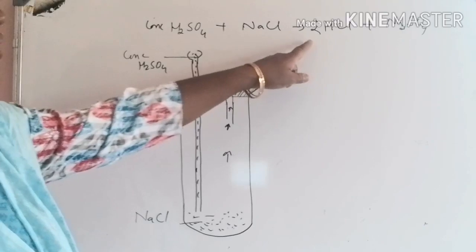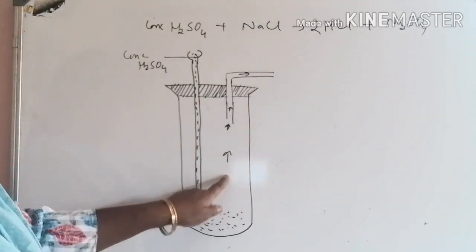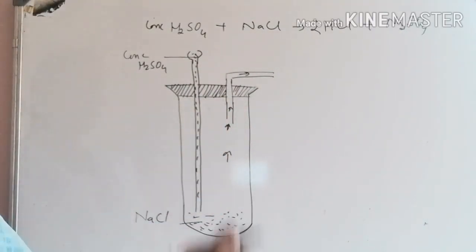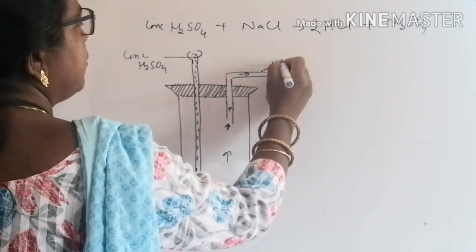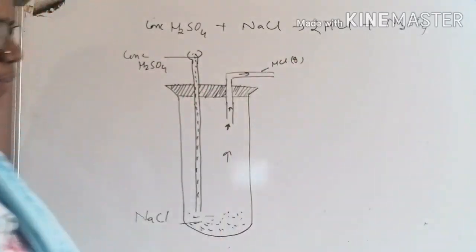As hydrogen chloride is in the gaseous form, it will start to move up and comes out through the tube. HCl in the gaseous form.